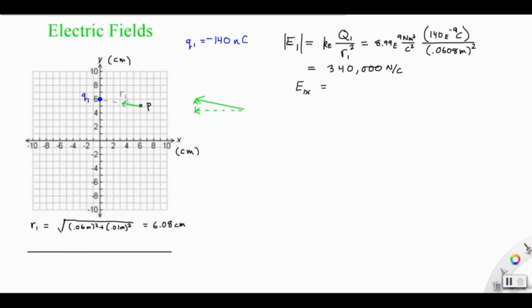Now, how do we know what the angle is here? Well, we have already created a triangle here that is a similar triangle to the one that we have here. And by similar, I don't just mean, hey, it looks like it. I mean it is mathematically a similar triangle, which means that they have the exact same angle. So if we wanted to find this angle theta, I'll call it theta 1, what would theta 1 be?